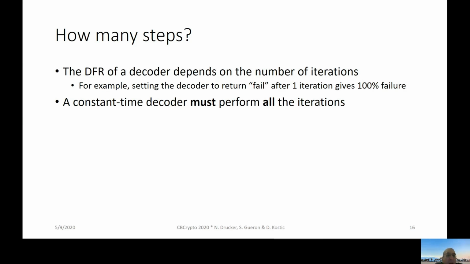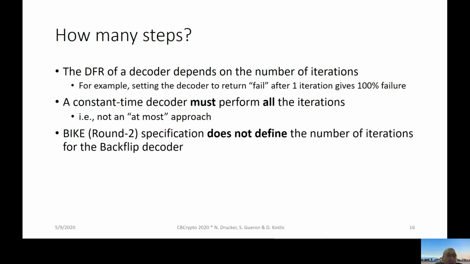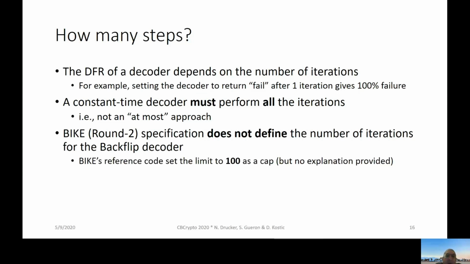So you cannot do an at most approach, at most 100 steps, at most 10 steps. You have to always do all of them. But there was no specific definition for the number of iterations in the Backflip decoder. If you dig inside the reference code, there is a limit of 100 as a cap, but no motivation or explanation. But let's say that this is the cap.